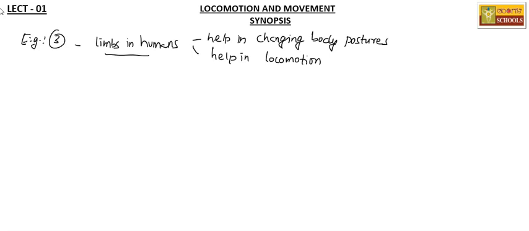With this we can understand that movement and locomotion cannot be studied separately, and they are interrelated. Now let's see the types of movements.